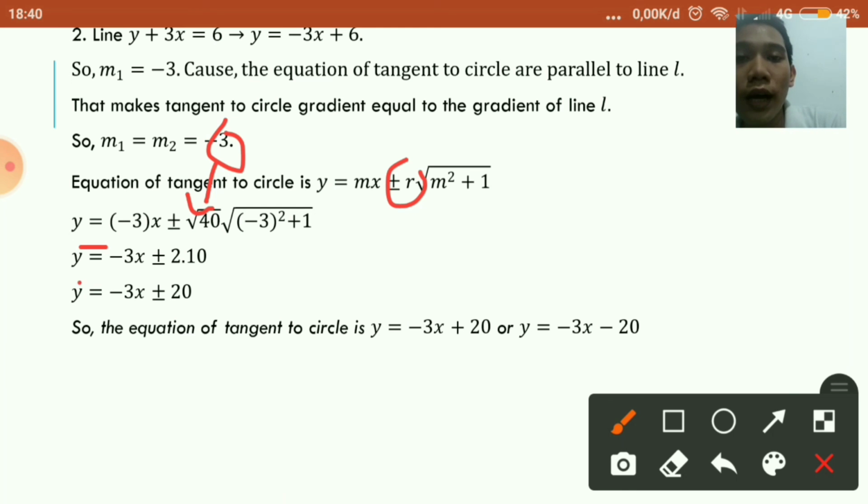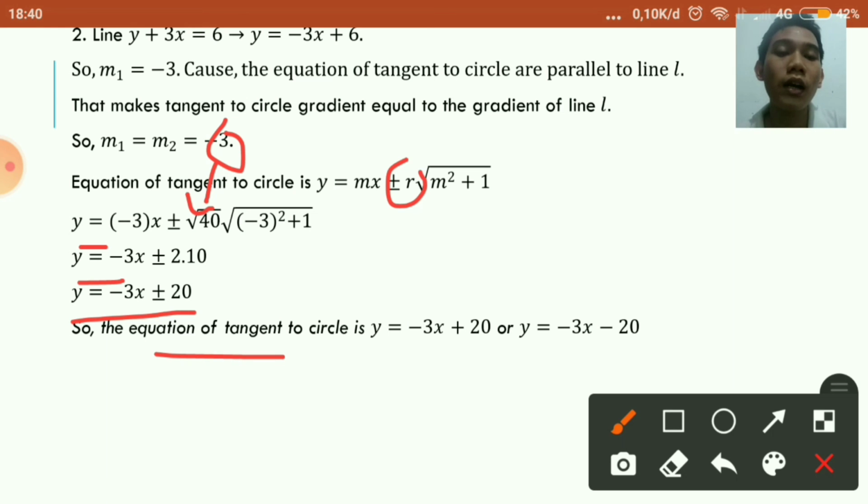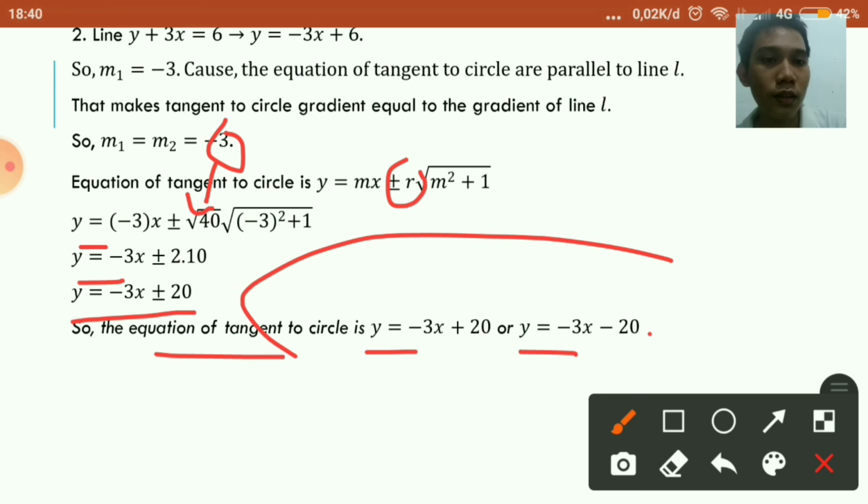So we get y = −3x ± 2 times 10. So we get y = −3x ± 20. So the equation of tangent to the circle for this question is y = −3x + 20 or y = −3x − 20. So this is the answer.